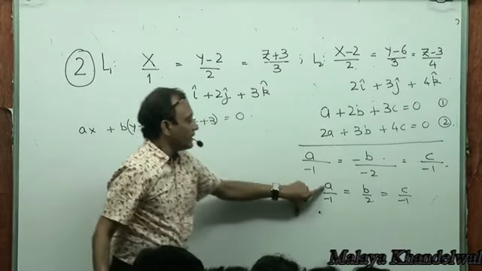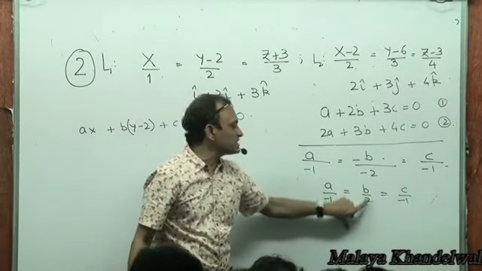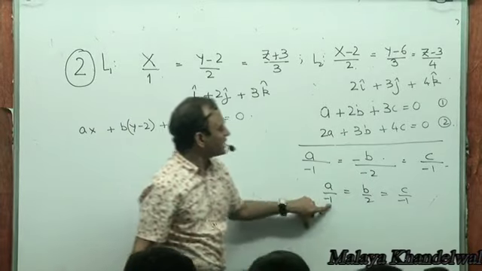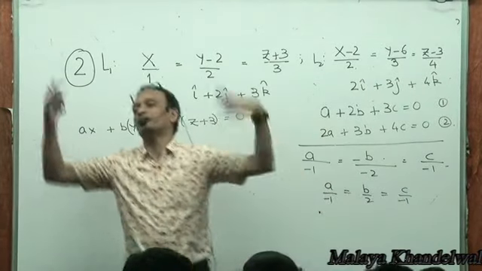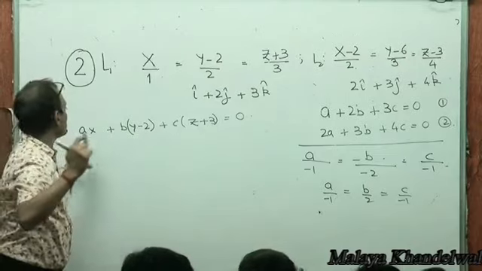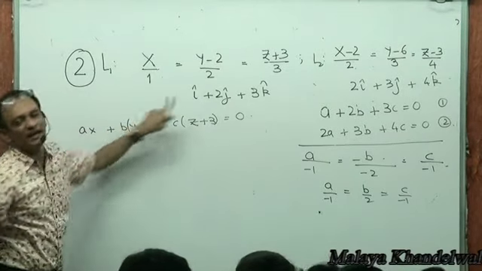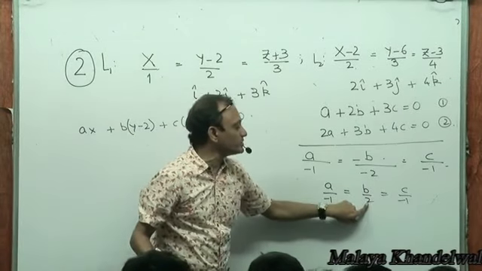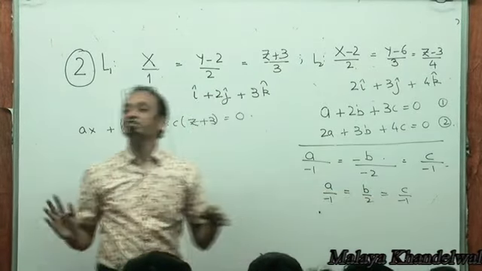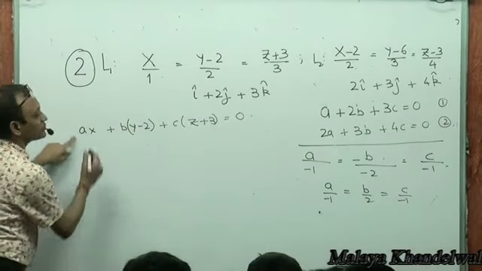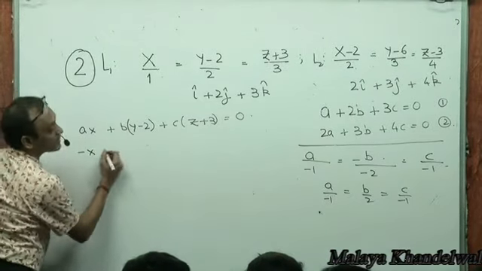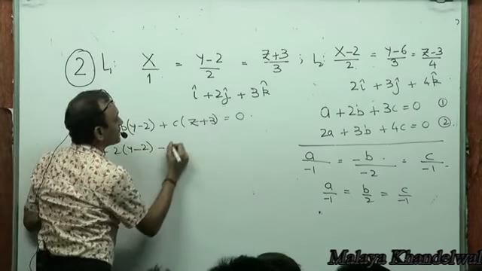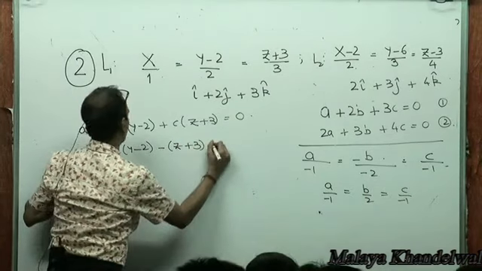That means a is proportional to minus 1, b is proportional to 2, c is proportional to minus 1. I could have selected a, b, c as minus 1, 2 and minus 1, or any multiple of that could be chosen, isn't it? If I select a, b and c, then ka, kb, kc are also fine, right? So a could be chosen as minus 1, b as 2, c as minus 1. So that's minus x, plus 2 into (y minus 2), plus minus (z plus 3) equal to 0.